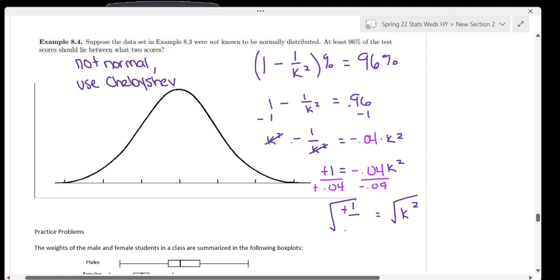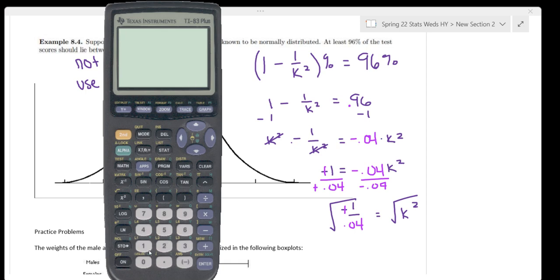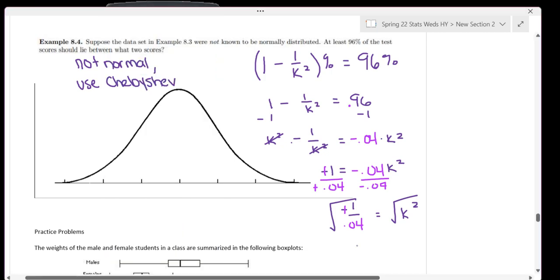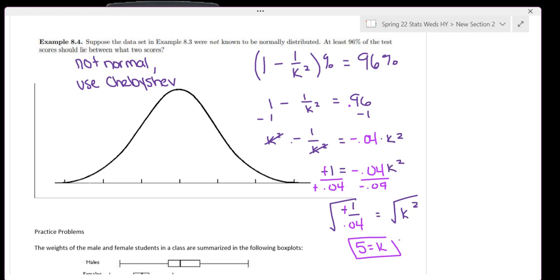So I get positive 1 over 0.04. Let's do that one. So 1 divided by 0.04, 25. Square root of that, 5. So at least 96% of the scores would then lie within 5 standard deviations of the mean. So just don't forget the decimal if you have a question like that.